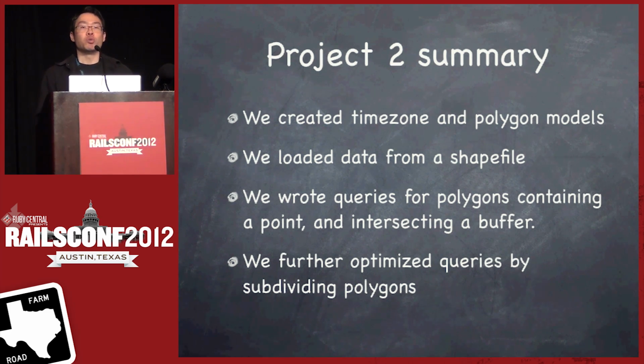For the second one, we drew a circle around a point and looked for any polygons that intersected that circle, and that gave us polygons that are nearby, within 12 nautical miles. Finally, we further optimized those queries by subdividing the polygons, trading width of the database for height so that the database index will help us.